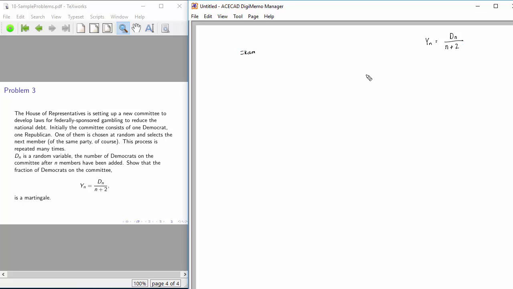Let me first do an example, going from n equals 1 to n equals 2. There are 2 cases. The first case is that there's just one Democrat on the committee after we've added a member. That means we have one Democrat and two Republicans.